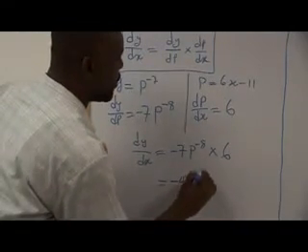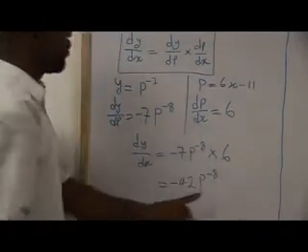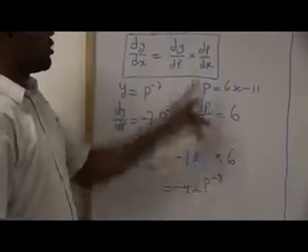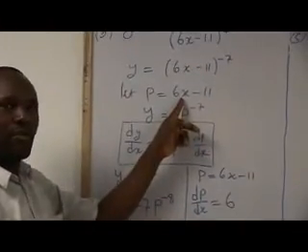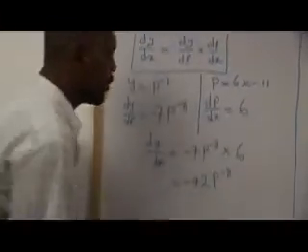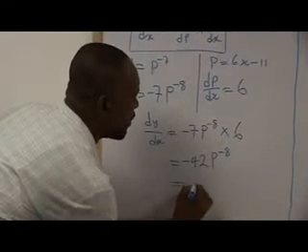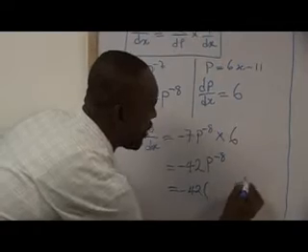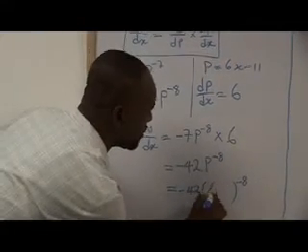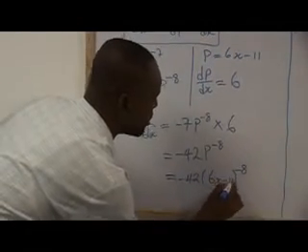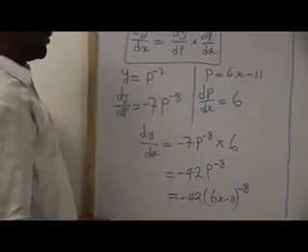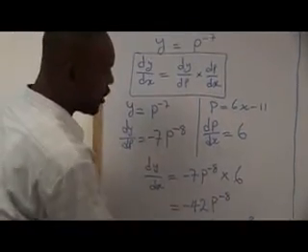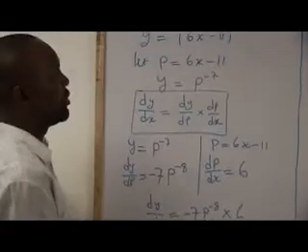Then we have the p raised to the power minus 8. We can now replace our p. P is what? 6x minus 11. So I replace p, and I have minus 42. That's my p raised to the power minus 8, 6x minus 11.